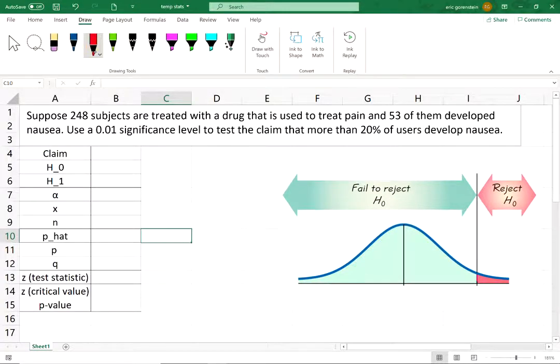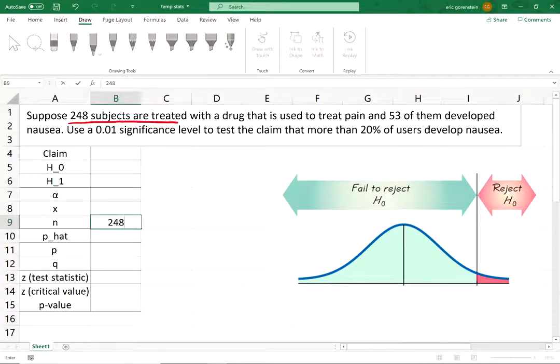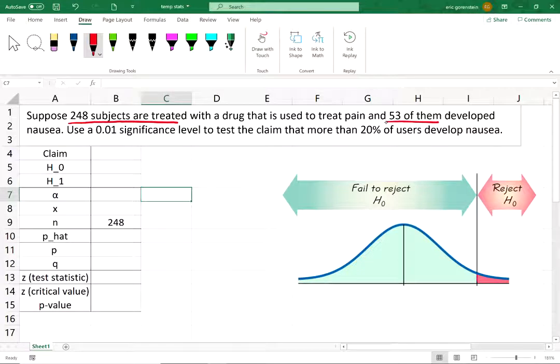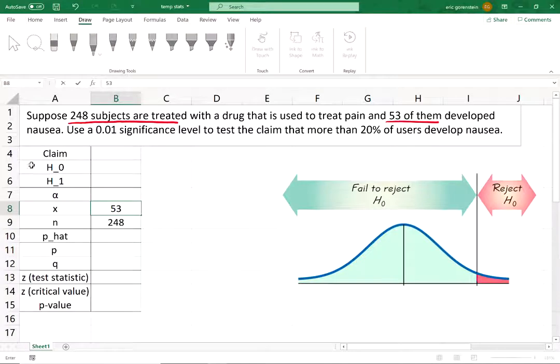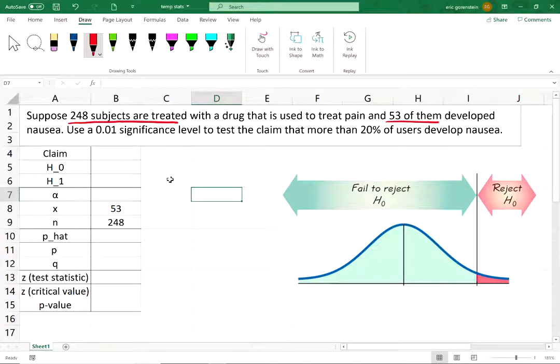Okay, so I'm seeing four numbers there. First, suppose 248 subjects are treated with a drug. That's our sample size. So over here next to n, I'm going to type in 248. Okay, 53 of them developed nausea. So that is the number of observations. So x is 53. Use a 0.01 significance level.